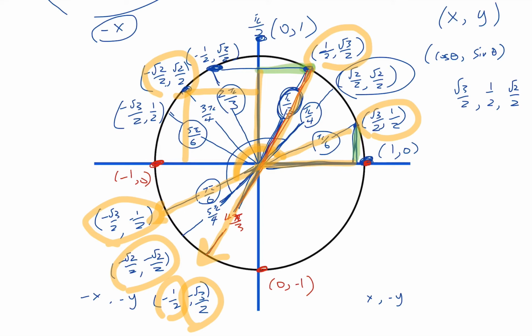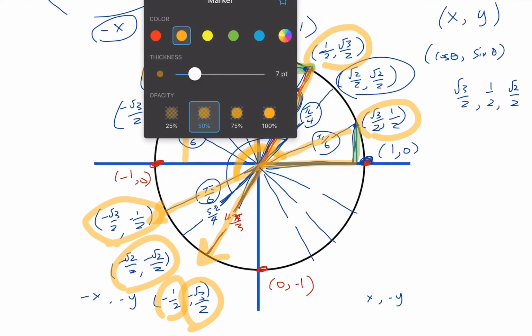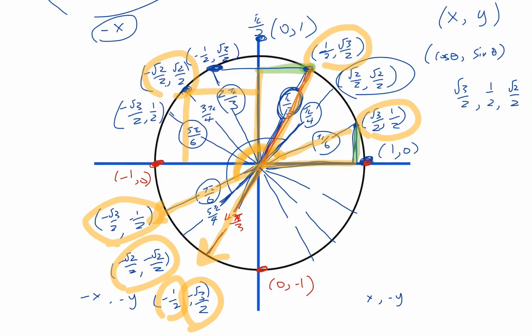So let's look at fourth quadrant. Fourth quadrant, now we add pi from second quadrant angles. So let me use a different highlighter. So we add pi from here to get this angle right here.